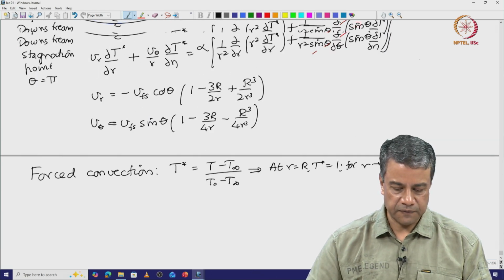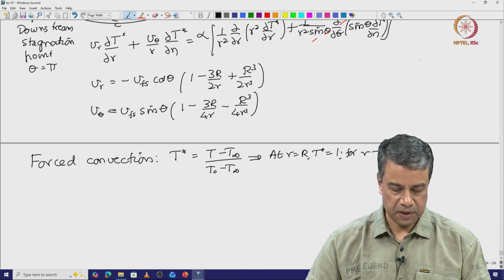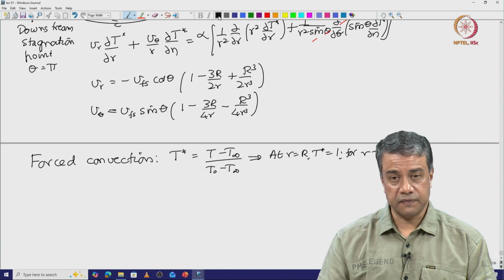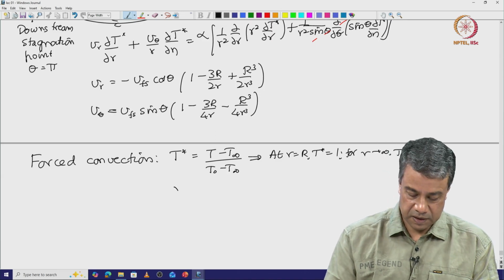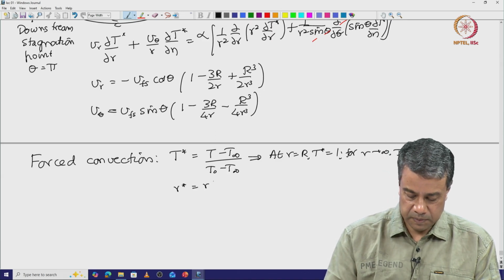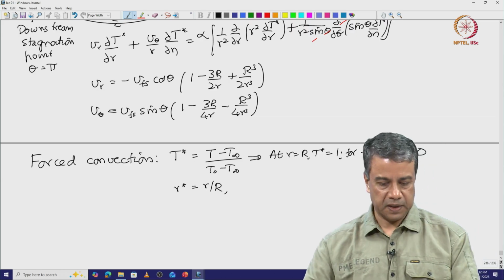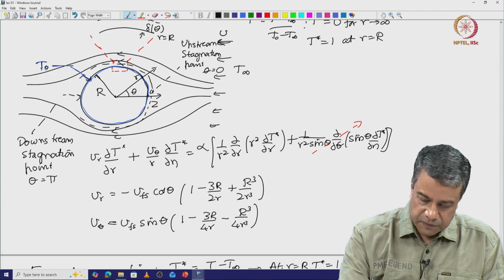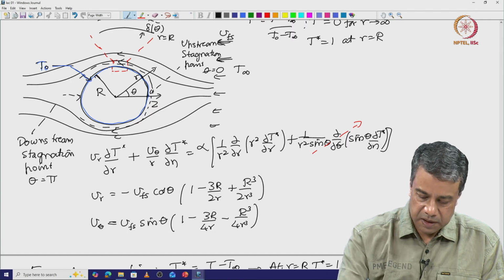Recall that I had defined the velocity components for you in terms of the free stream velocity. It is convenient to define scaled velocities and scaled distances. R star is equal to r by R. And the velocity is scaled by the free stream velocity far upstream of the sphere.